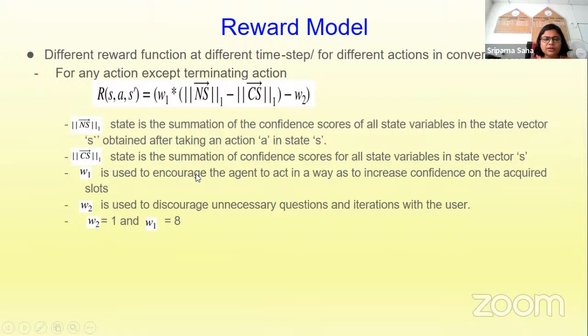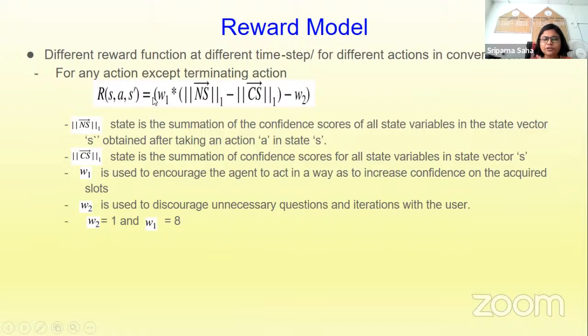W1 is used to encourage the agent to act in a way so as to increase the confidence of the acquired slots. These W1 and W2 are the parameters. W2 is used to discourage unnecessary questions and iterations with the user. So this is a penalty, and W1 is a kind of multiplication factor. After some ablation studies, we have selected the value of 1 for W2 and 8 for W1.